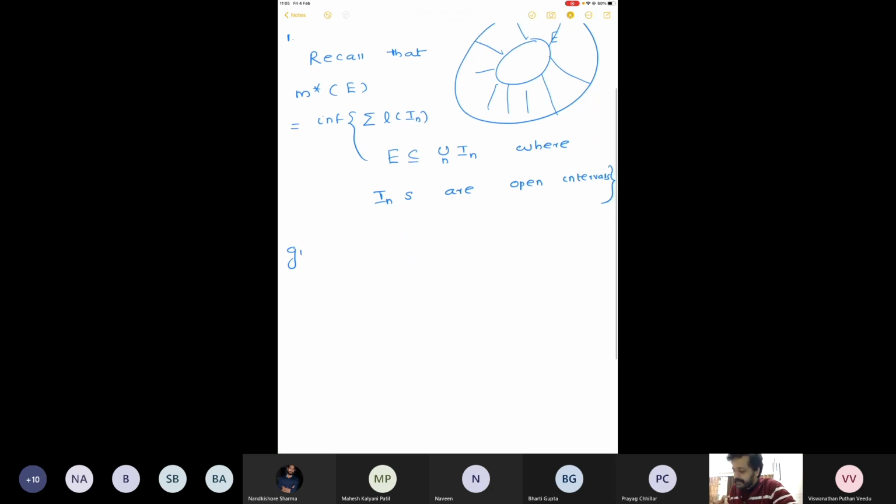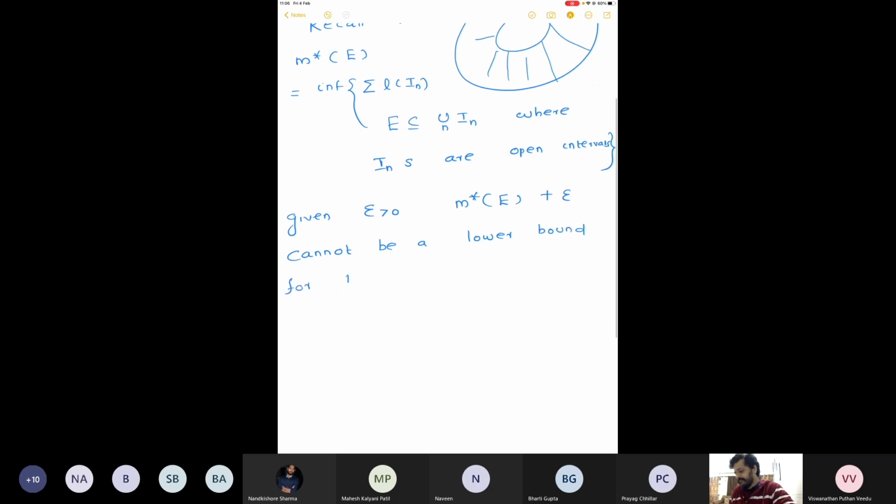So given epsilon greater than 0, m star plus epsilon cannot be a lower bound for that set. I don't want to repeat it, so I will write for the set above.